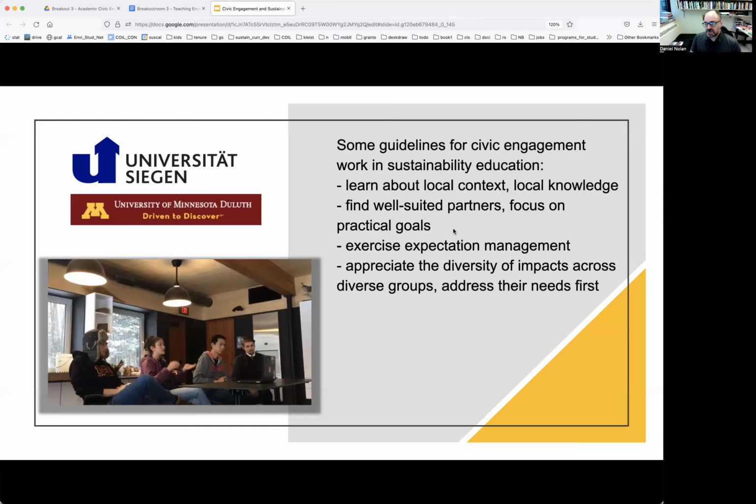Sustainable development happens differently across different sectors of our communities, and you can begin to appreciate the diversity of those impacts by asking yourself and asking your students to address their needs first, to start with the needs of your community partners, whether you're engaging with them directly, communicating with them directly, or simply reading about them and learning about those needs. If you start by focusing on their needs first, you in many ways guarantee a kind of success and avoid a particularly unfortunate kind of failure.